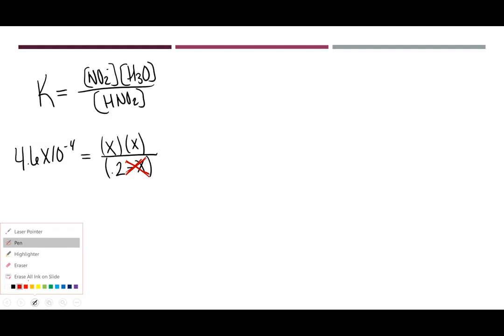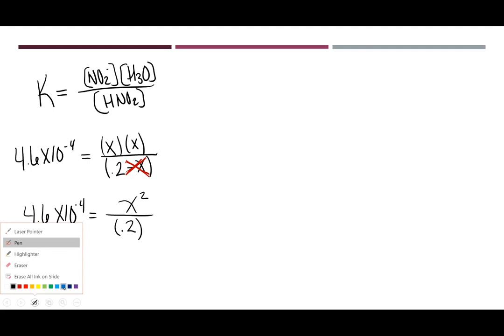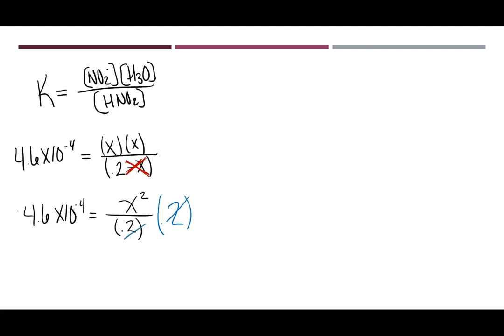So that's going to clean this up to look like this. 4.6 times 10 to the negative fourth equals, on the top, X times X is X squared, and on the bottom, we're left with 0.2. To get X squared by itself, I'm going to multiply by 0.2, so those cancel.